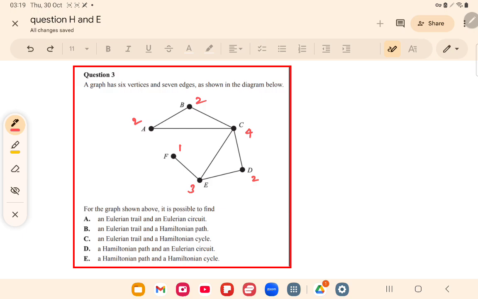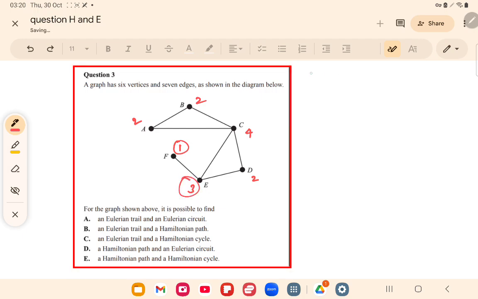So the simplest one I always find to work with is the Eulerian trail. Now for an Eulerian trail, you need to have at most 2 odd vertices. Now if you look at the degree of the vertices over here, you can see that there is F with degree 1 and E with degree 3.